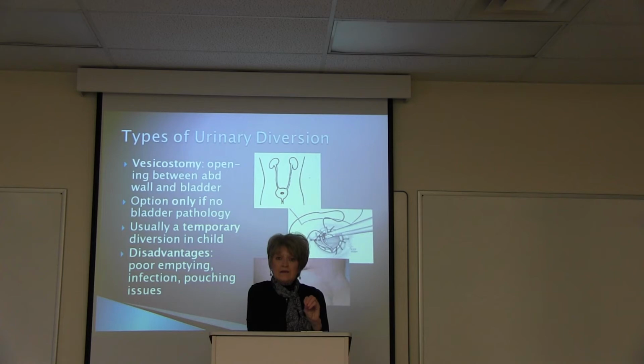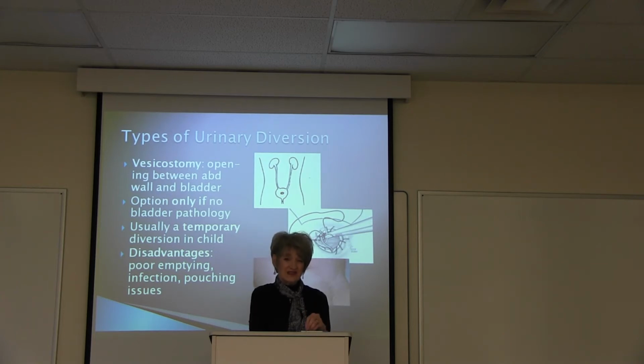The one time that it may be considered is in a child who has some kind of obstructive process involving the urinary tract, and then a simple opening into the bladder would make a very good temporary diversion. I have also very occasionally seen it used as an option for an adult who had refractory incontinence, but it's not a good choice in an adult because in an adult the bladder is essentially a pelvic organ.